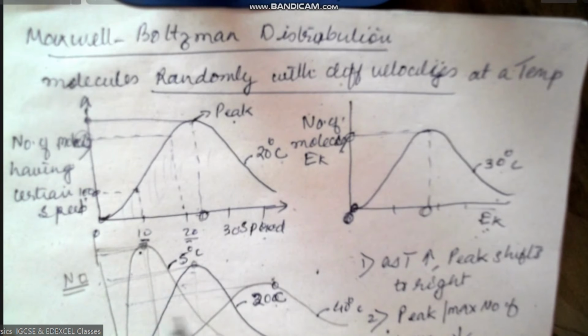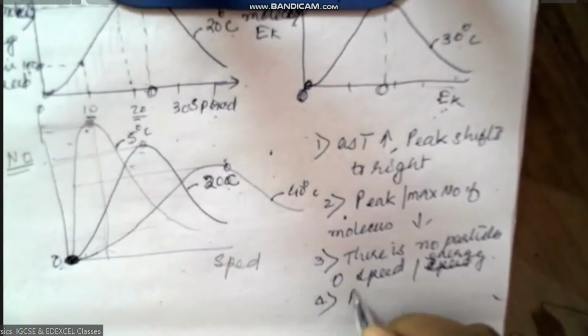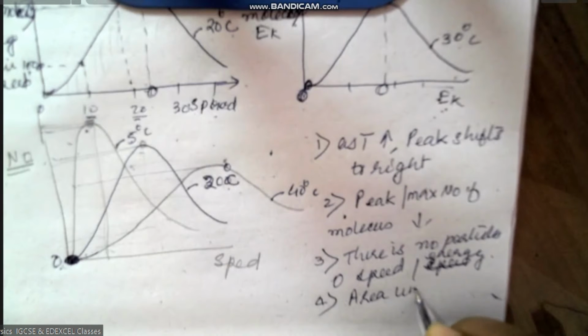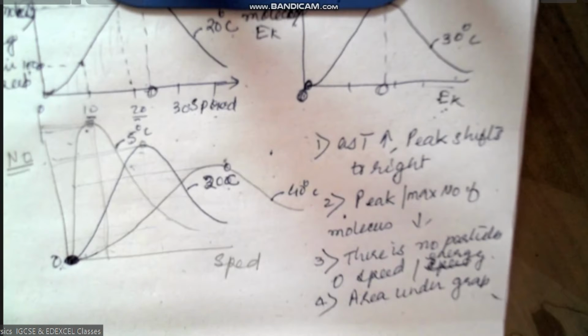Very, very important. This is the Maxwell distribution curve, or when you go for higher studies, they'll simply say Maxwell's distribution. That is nothing but a graph of the number of particles having each speed or each energy. And as the temperature increases, two things you notice: the peak shifts to the right, but the peak value decreases.